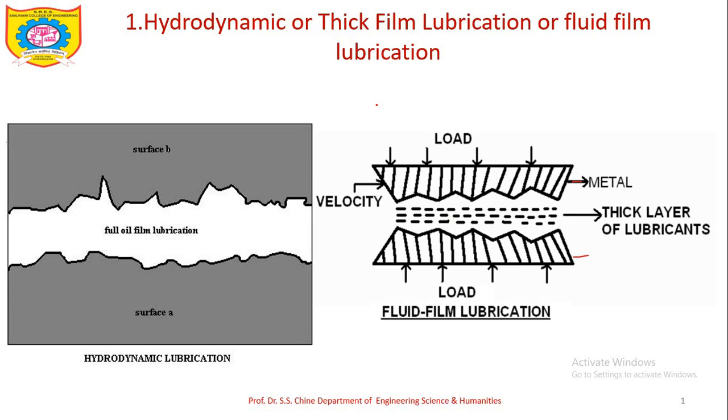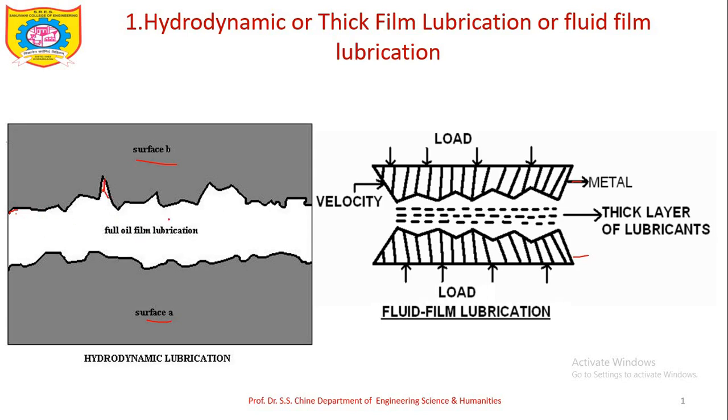In this, the lubricant film covers or fills the irregularities of the sliding or moving surfaces. Meaning what? You can see here these two surfaces, this is surface A and this one is surface B. It is not uniform. So these are the irregularities, and all these irregularities are filled with this oil.